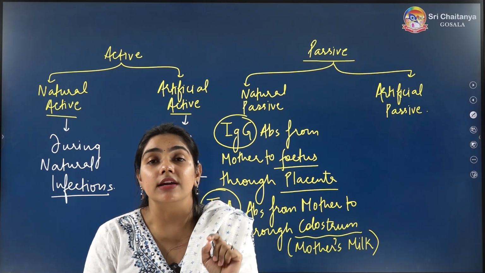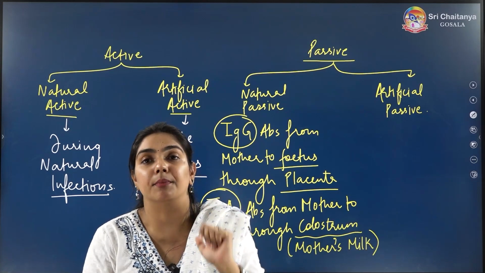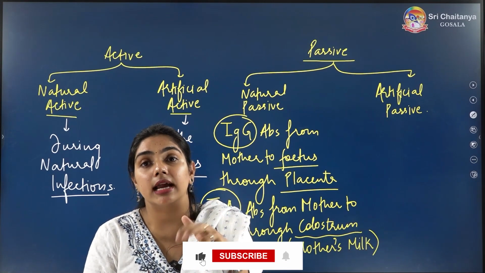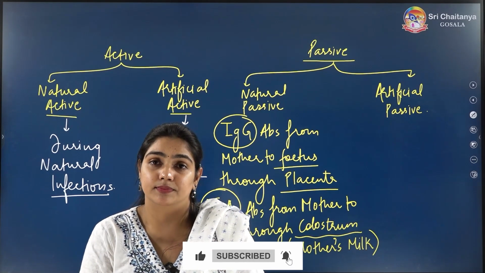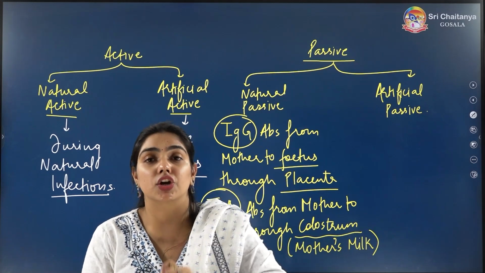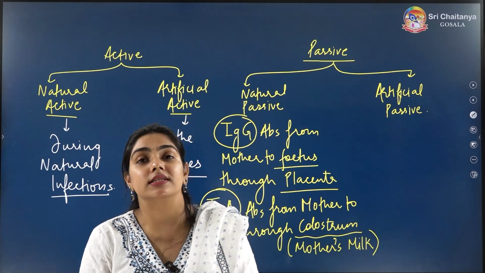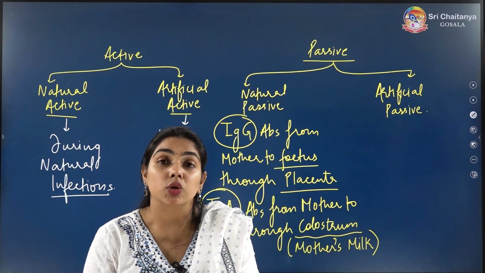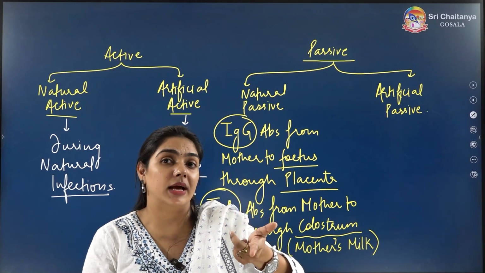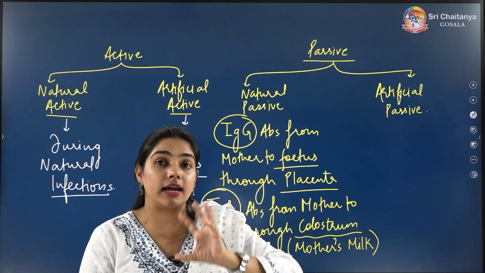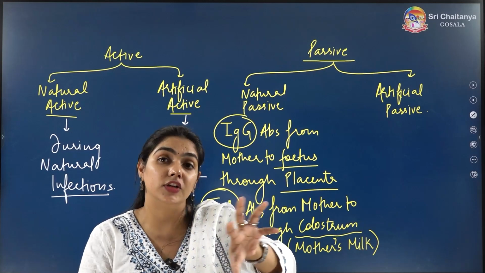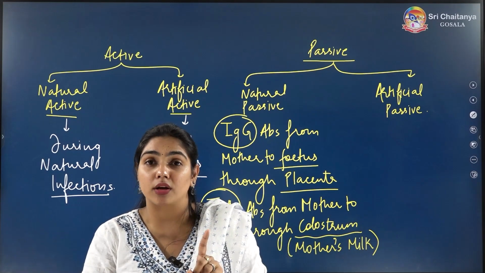So immediately we have to inject anti-venom. We have prepared antibodies against the venom, and we give the injection of anti-venom so that the person's life can be saved. So in this case, artificial passive, we are giving ready-made antibodies by an artificial process. It is not a natural process.